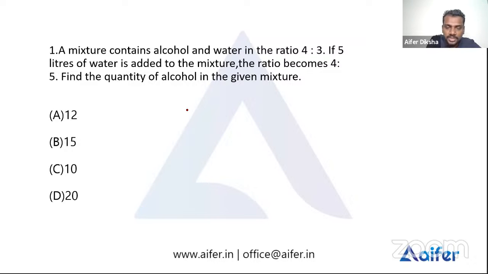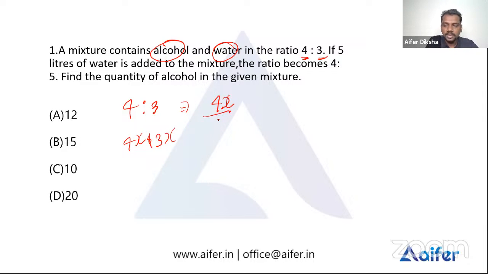So here it's given a mixture contains alcohol and water in the ratio 4:3, which means first they have talked about alcohol and then water. So we have 4:3, then it can be written as 4x and 3x, which can be written as 4x by 3x.